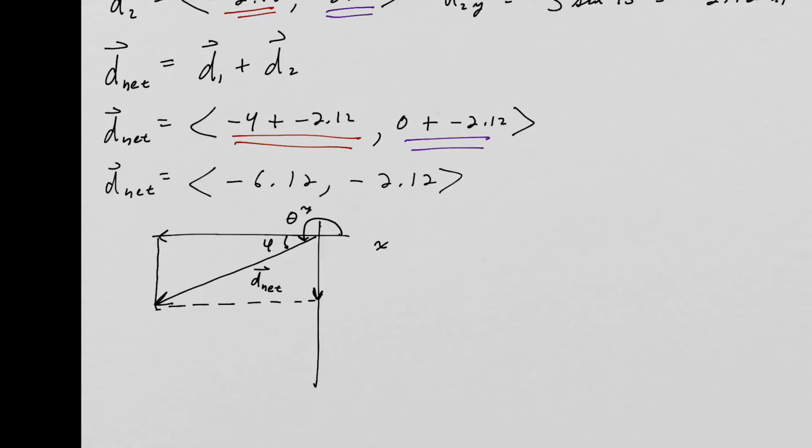But let's extract our right triangle. Let me do that on another page here. So this was, let me call it phi. Again, we know that the x component of our net displacement was negative 6.12, so this length is just going to be positive 6.12.